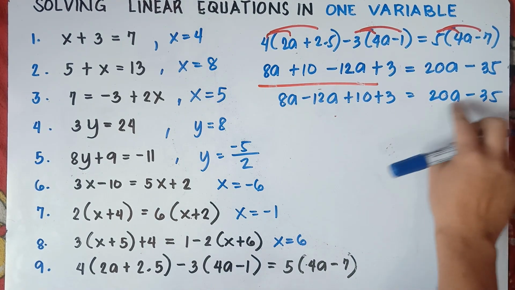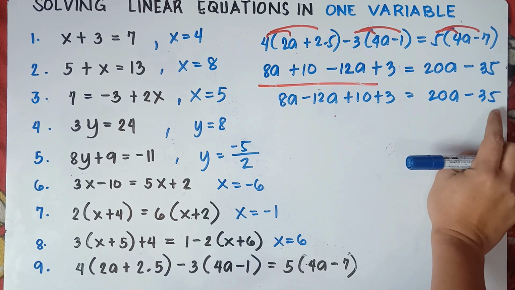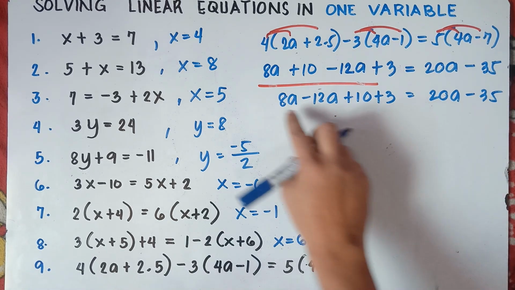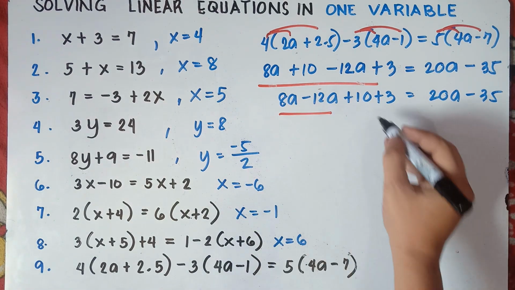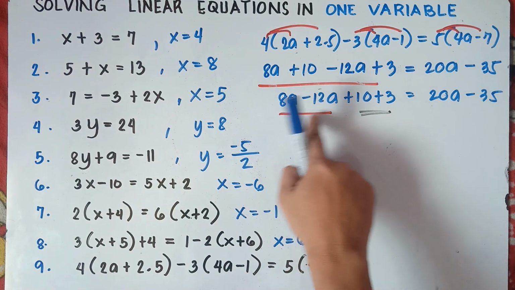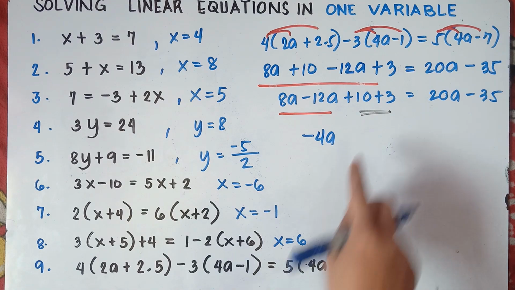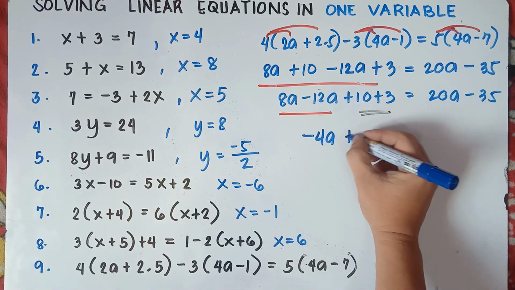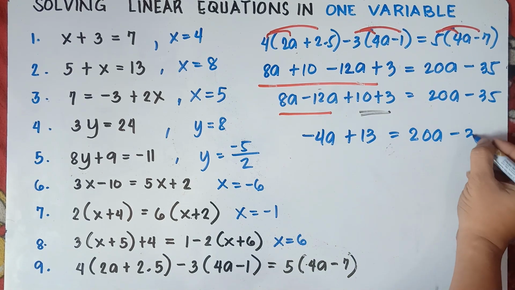We cannot combine 20 and 35 because 35 doesn't contain a variable. So 8a minus 12a is negative 4a. 10 plus 3, that's positive 13 equals 20a minus 35.